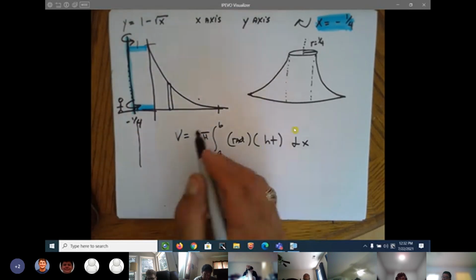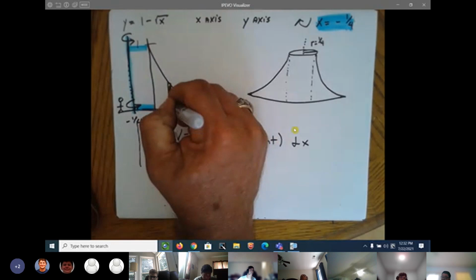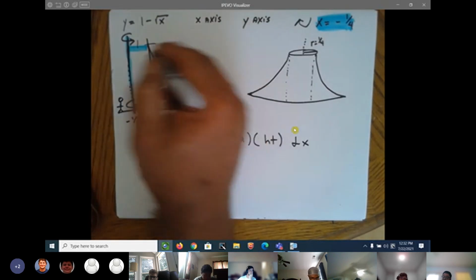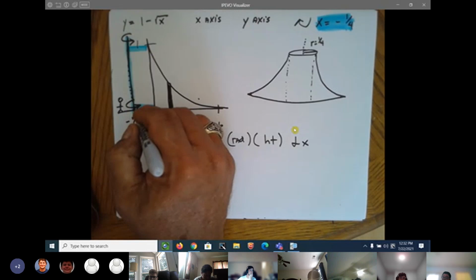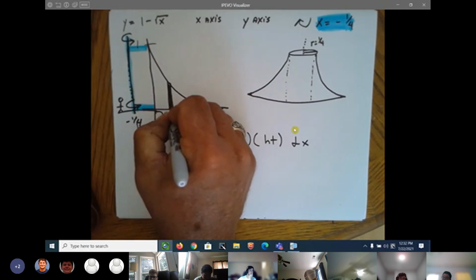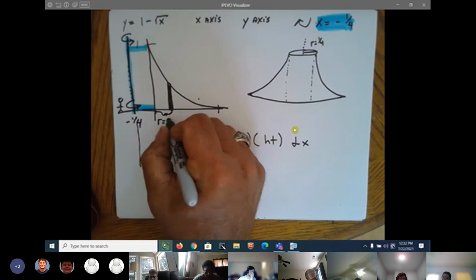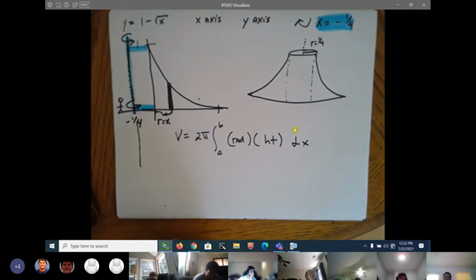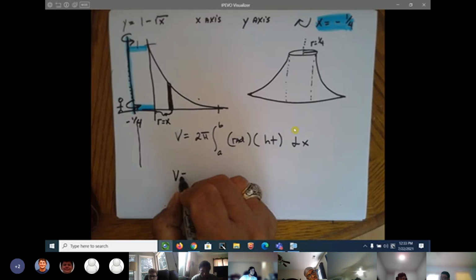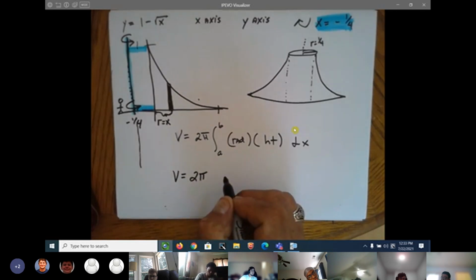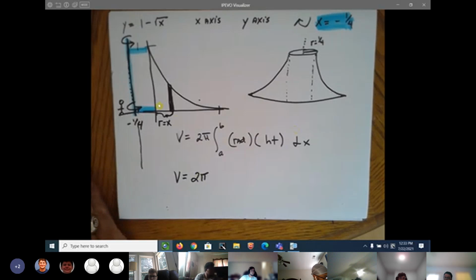And when the shell is parallel to the rotational axis, the radius is equal to the what? Function equal to x. So somebody tell me what the radius is for this function. What's the radius for this? Okay, look here. You're standing right here, and you got to get to the shell.